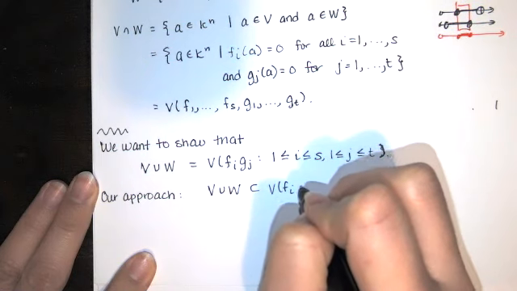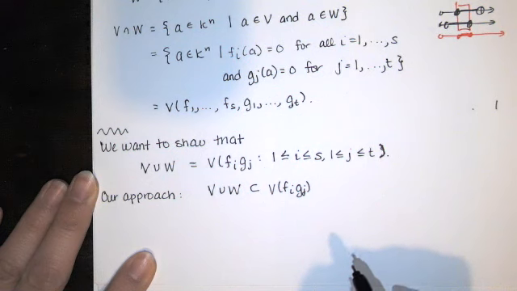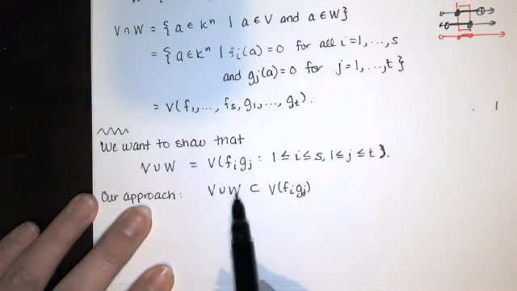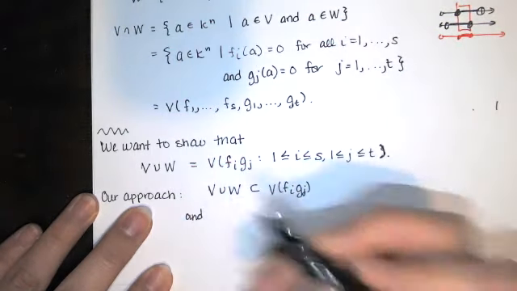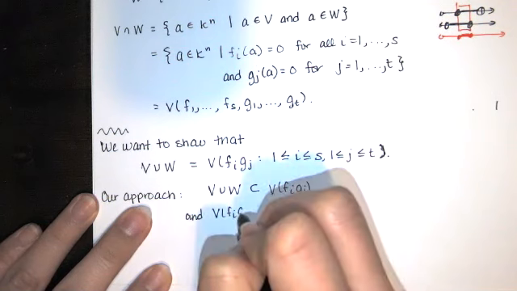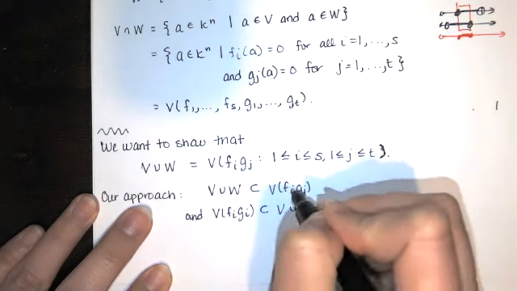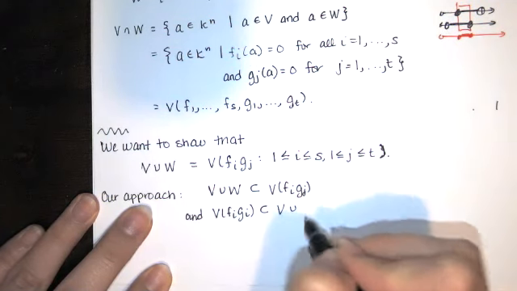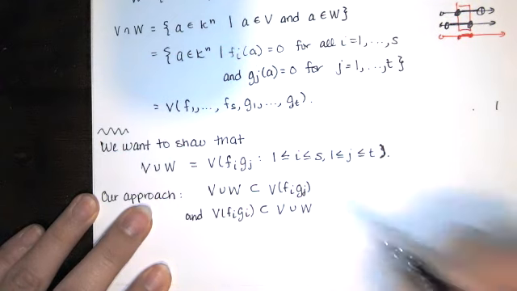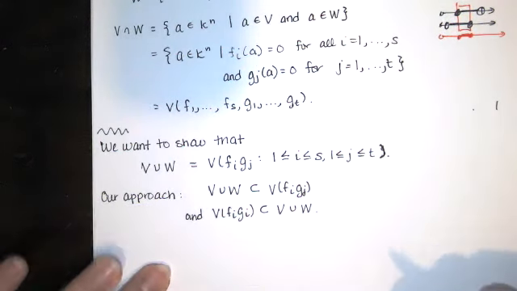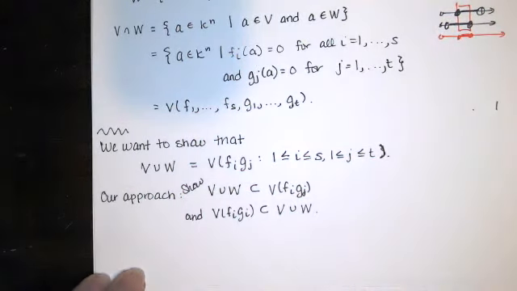And I'm just going to abbreviate that this way, but you know that those are the restrictions on I and J. If we can show that every element in this set is also in this set and every element in this set is also in this set, well, if these guys are all included in this guy and these guys are all included in this guy, all of these points are in this set and all of these points are in this set, then they must be equal to each other. So we're going to show that this is true, and we're going to show that that is true.